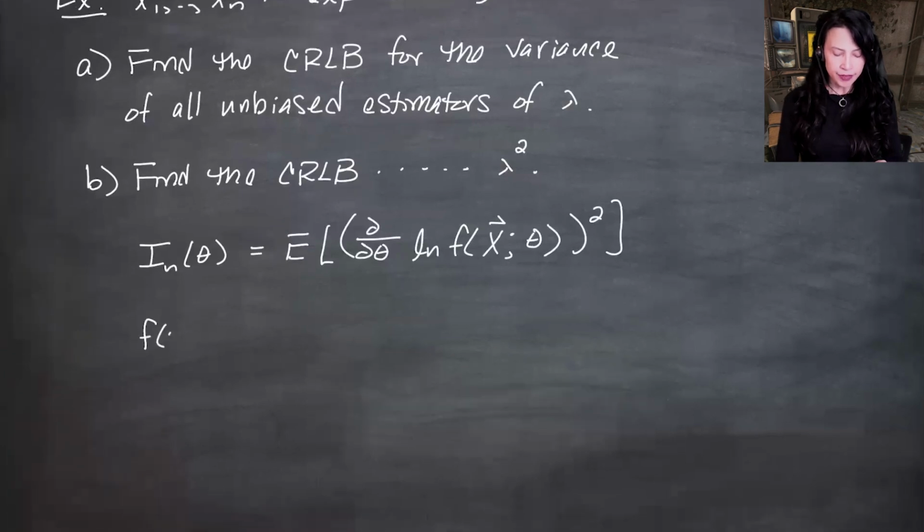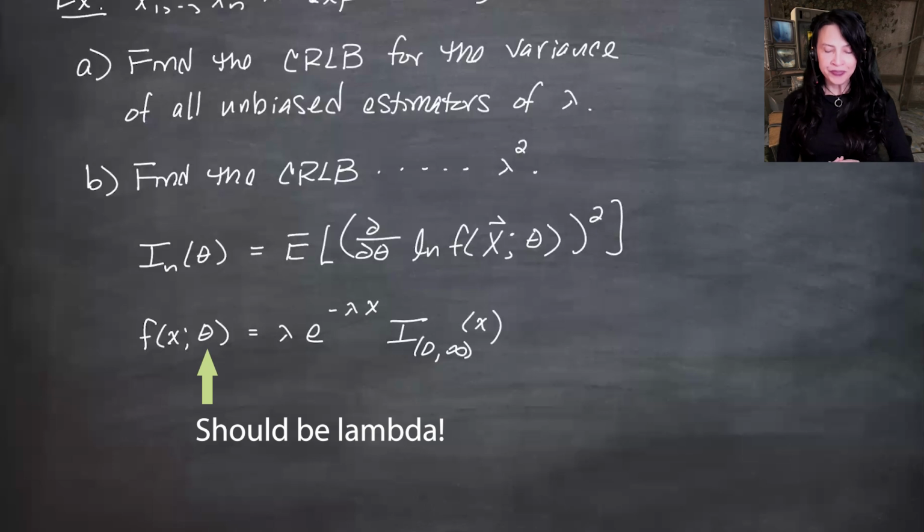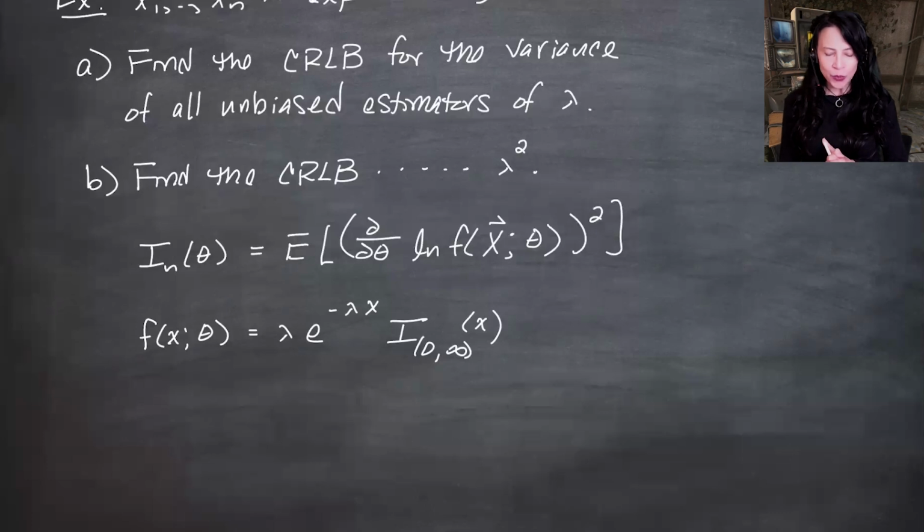The f of x and theta for the exponential is lambda e to the minus lambda x, and an indicator saying that x is between 0 and infinity. So here's where I'm going to maybe contradict myself. We did see last time that the Cramér-Rao lower bound does not apply whenever the parameter is in the indicator.